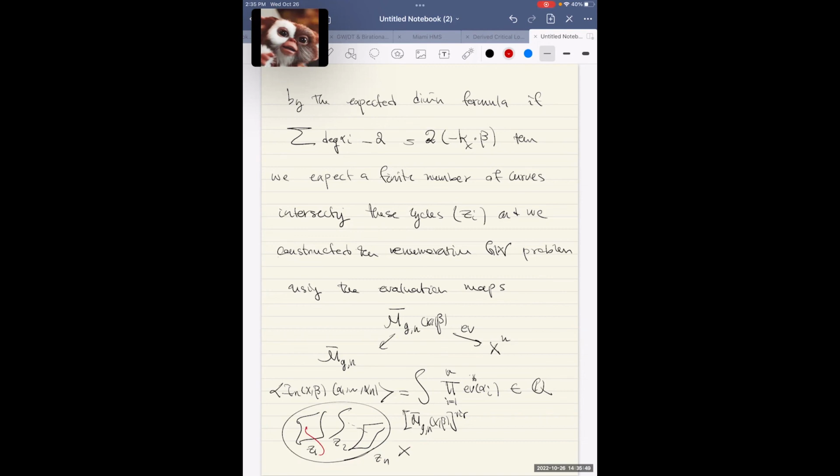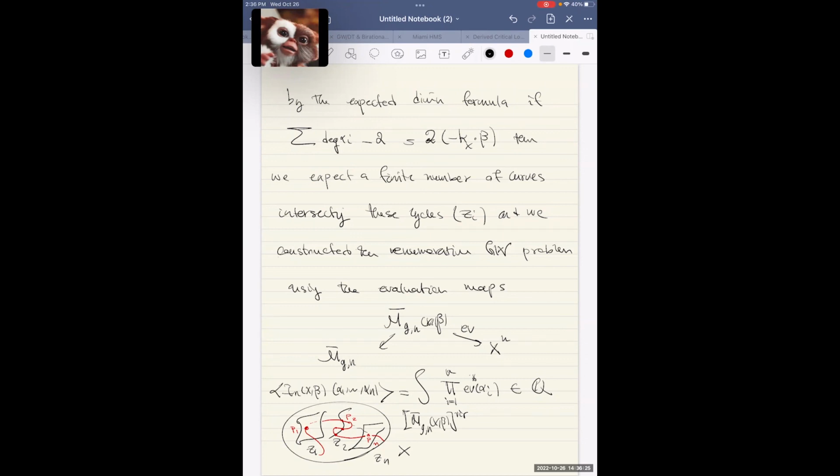So the curve goes here, for instance, intersects this one, maybe intersects it again, no problem. It goes here, and so on. And so we had the marked points P1, P2, up to Pn. This was a nice enumerative problem, and the Gromov-Witten invariant with these primary insertions, the alpha_i's, was defined as an enumerative invariant.